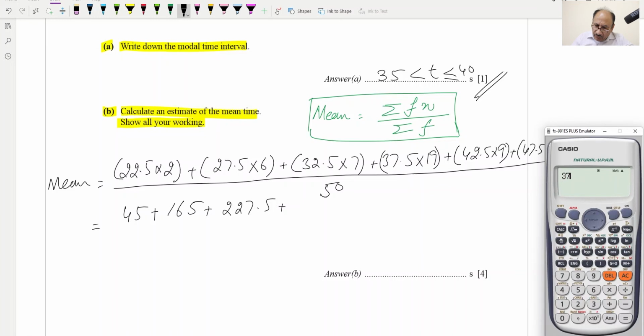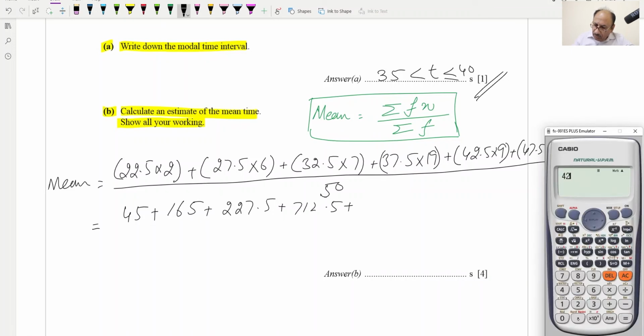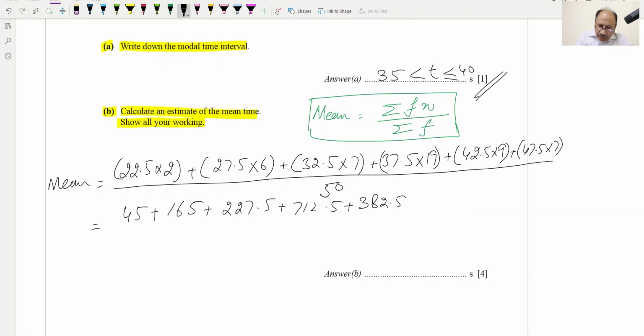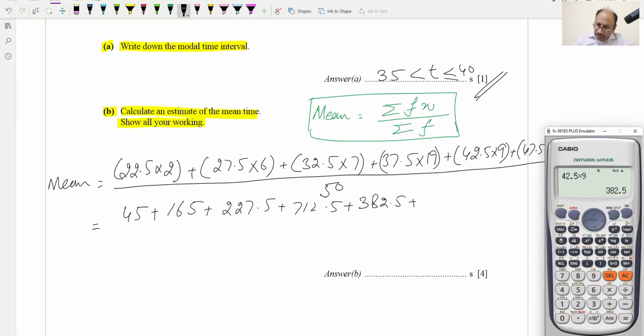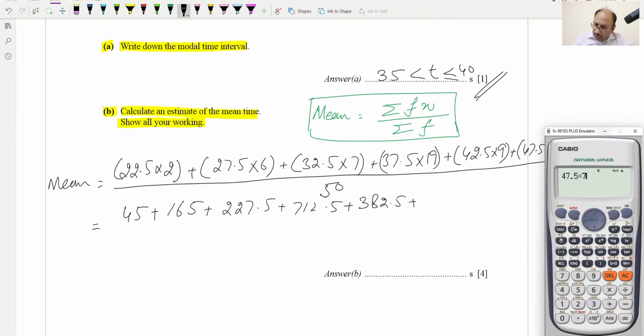So 37.5 multiplied by 19 is again a decimal value, 712.5, plus next value will be 42.5 multiplied by 9, which is equal to 382.5, and plus this will be 47.5 multiplied by 7, which will be equal to 332.5.